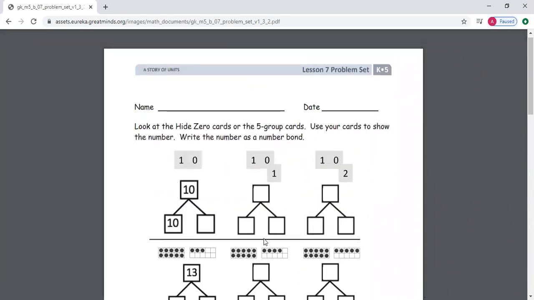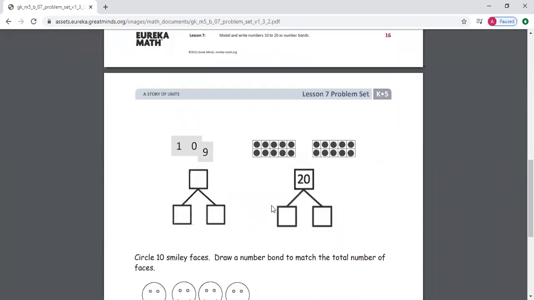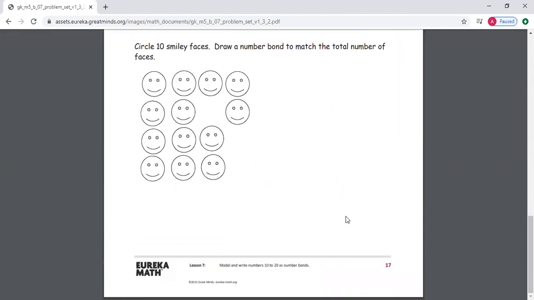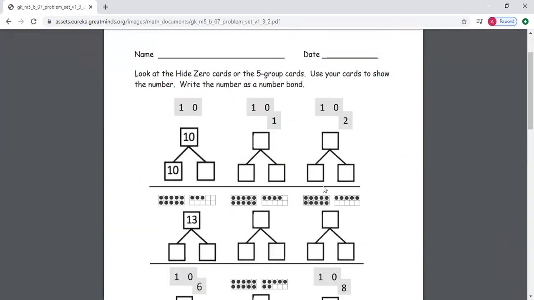Please complete just the first page, which is required, just the first page of lesson 7 problem set. The second page is optional, but it is recommended for extra practice. So you will be completing the number bonds here based on the picture. So we have 10, but it's not showing our second part. So that means how many ones do we have?